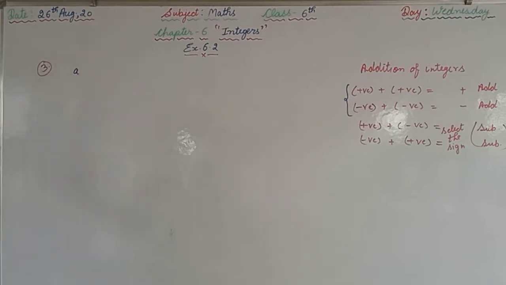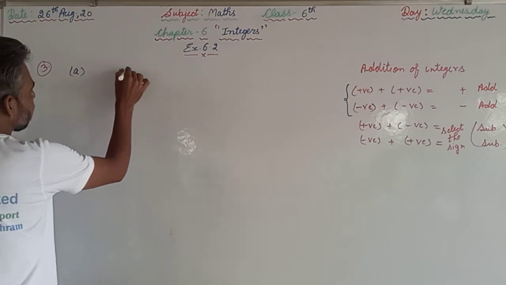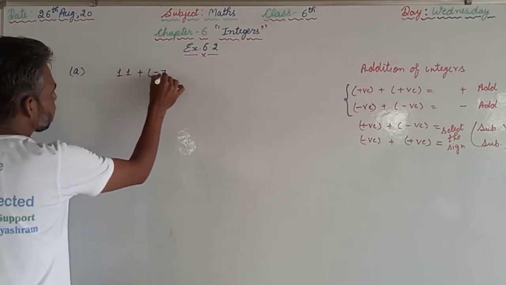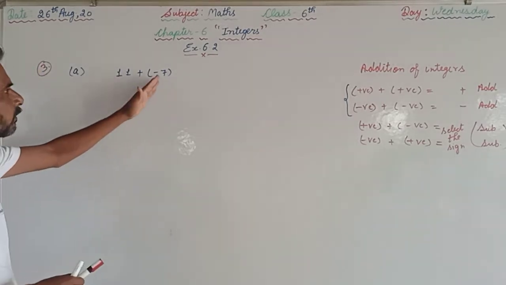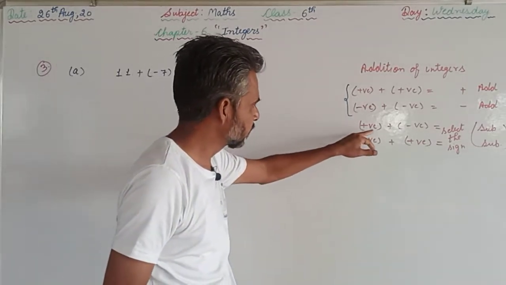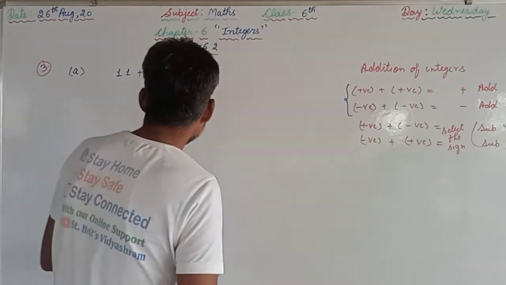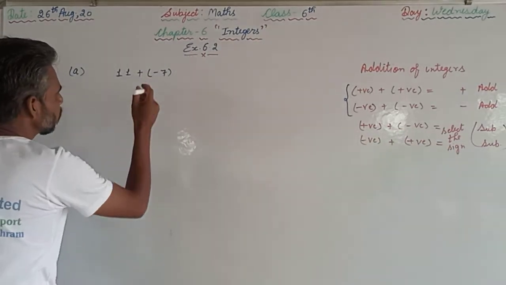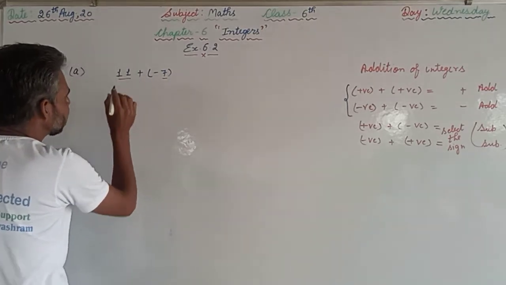The first part is there, that is A, 11 plus minus 7. So first one is the positive and the second one is the negative. So this case is there, positive and negative. So first of all, we are supposed to select the sign. To select the sign, we are supposed to neglect their sign. First of all, we are supposed to see their magnitude.